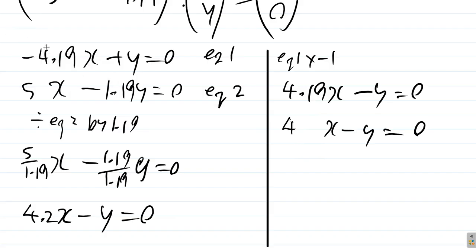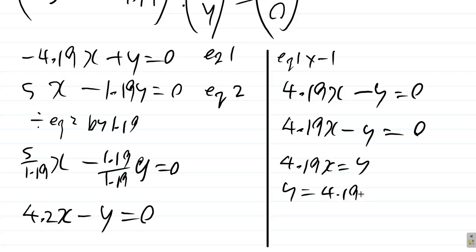So let's call this 4.19 just the same. You see, they are the same. Both equations, as I expected, are the same. If we add y to both sides, we have 4.19x equals y. So y is equal to 4.19x.